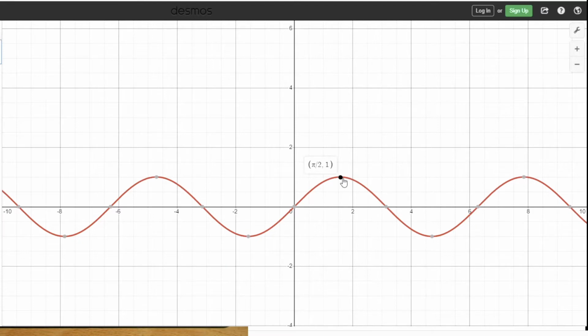Then sine of 180 degrees is 0, but that's pi in radians, so that's down to here. That's only just above 3, isn't it? And so you can see it goes up and down a lot more often in radians than in degrees, because we've scaled it right down.